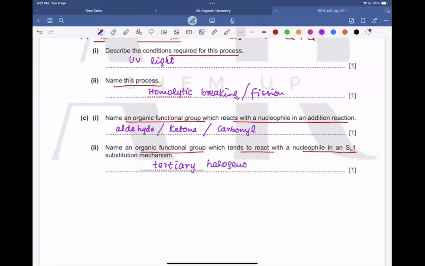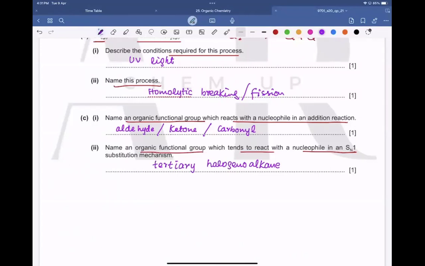Secondary would undergo any one, right? It can undergo SN1 or SN2, both. Yes, but see, if they have specified the mechanism, they didn't ask you nucleophilic substitution only.